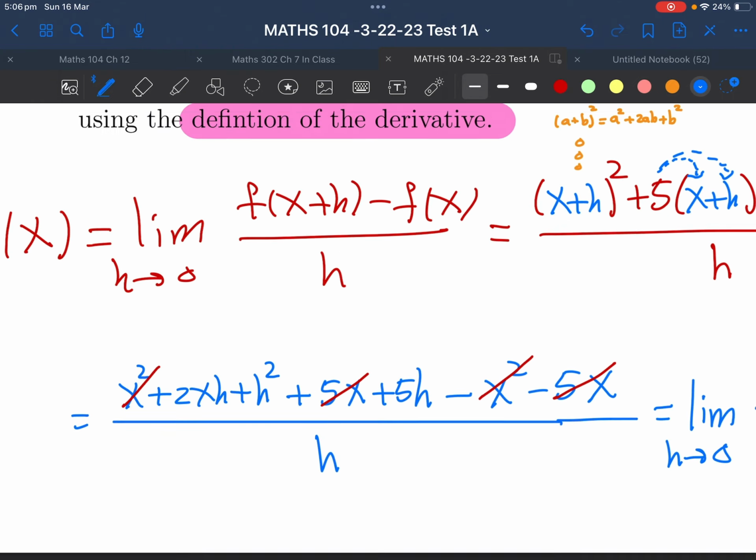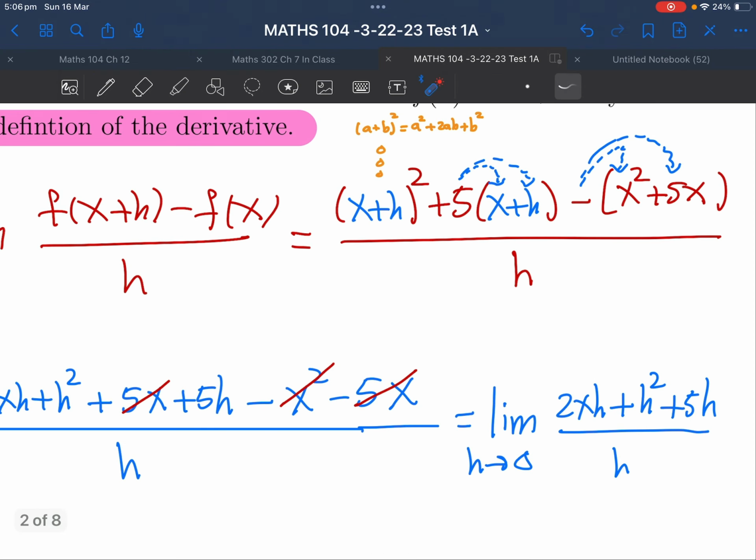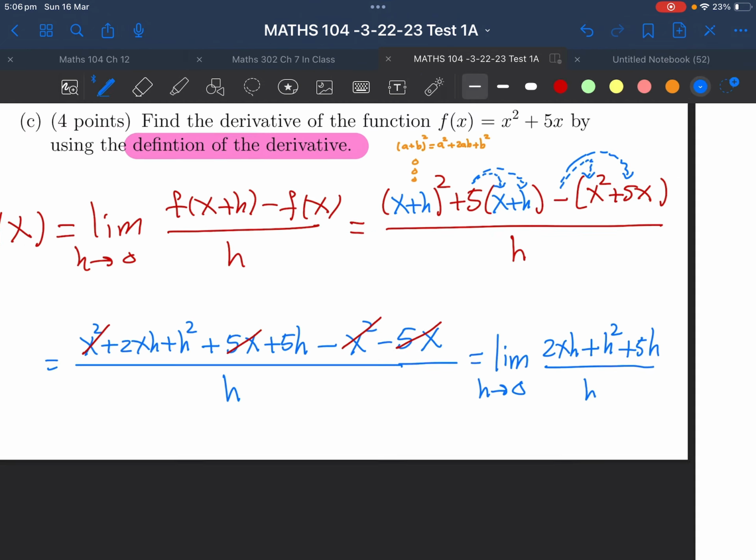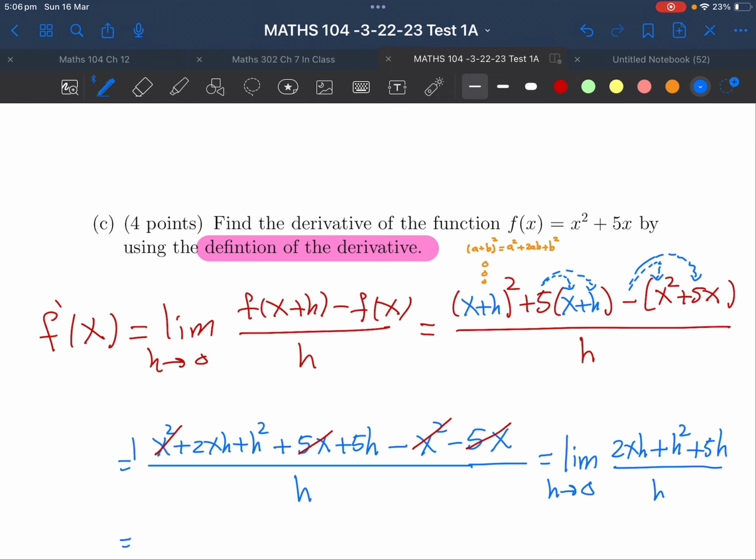Now for this, we need to take h as common factor. If we take h common factor, what's remaining is 2x plus h plus 5, divided by h.